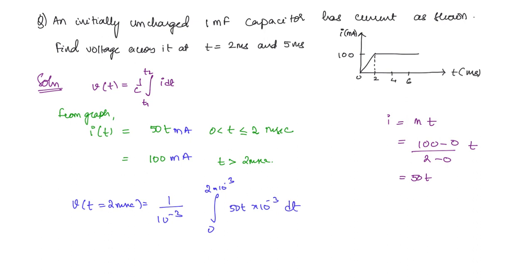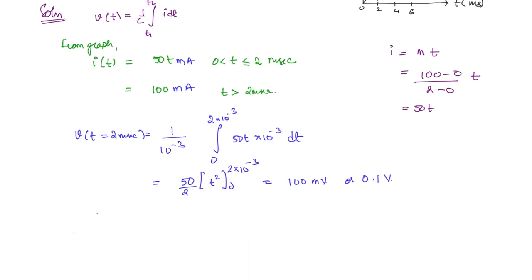So you are going to get 50 by 2 into t square from 0 to 2 into 10 to the power minus 3. If you solve, you get 100 millivolt, or 0.1 volt.